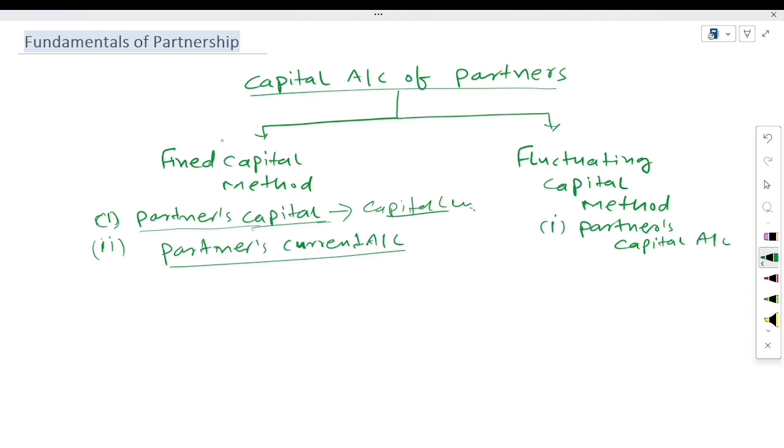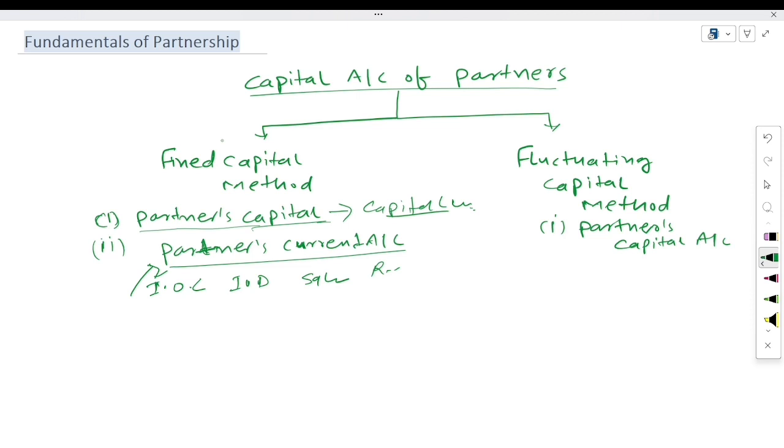Any changes which have been given in the question, like providing interest on capital, charging interest on drawings, providing salary to the partner, making a reserve, all these activities will be done under the partners' current account, not under the partners' capital account.